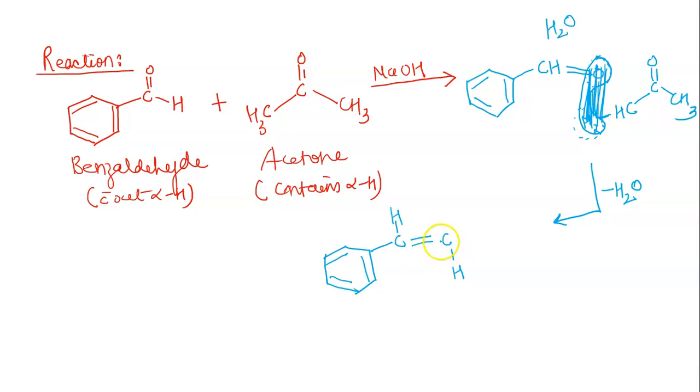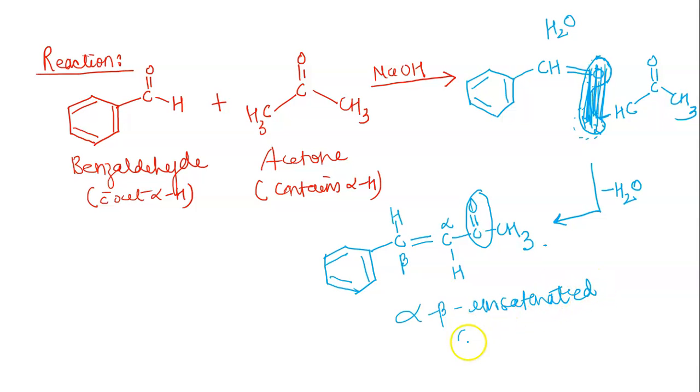So CH and then C double bond O, CH3. As you can see, this is a carbonyl containing compound. So this is the functional group, alpha, beta, and between the alpha and beta carbon we see an unsaturation or a double bond. So this is an example of an alpha, beta unsaturated carbonyl compound.